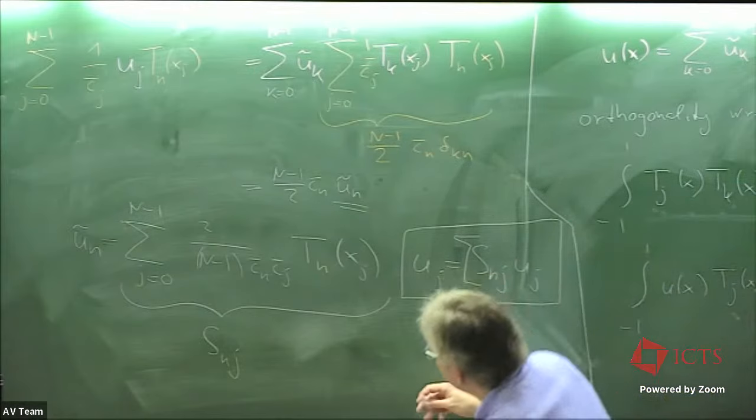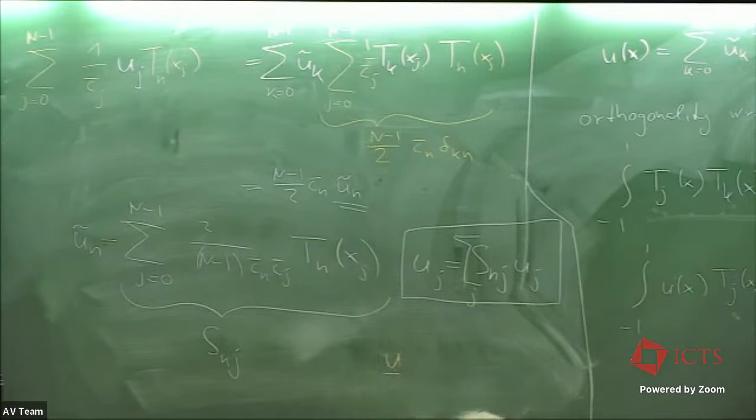If I want to write it without indices, I could write this as the vector of all the function values at our grid points is equal to the matrix S times the vector of all the functions at our grid points.